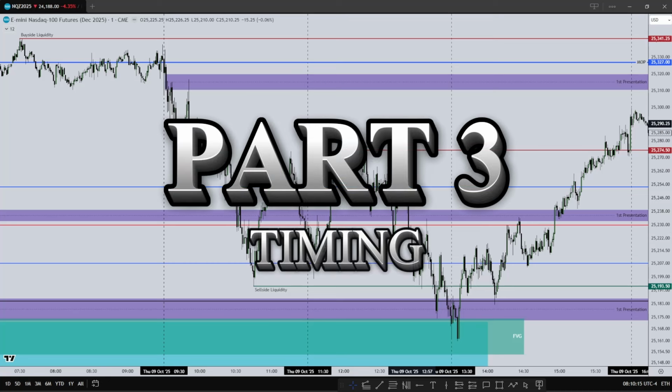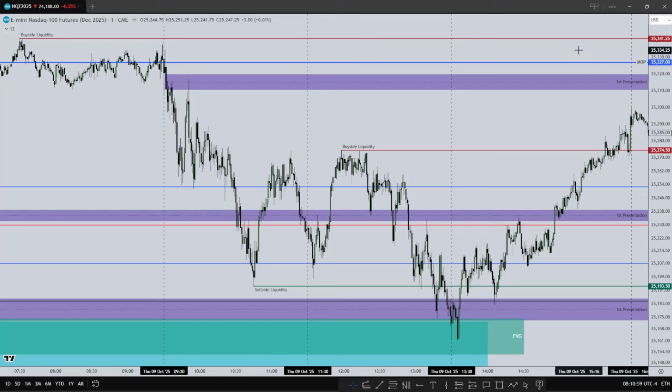We also have time points and time windows. For example, we have the midnight opening price here, that blue line, and that is coming from the opening candle right about midnight. So that is something we use as a time point. It's only one specific time in the chart. Like for example, the AM session start, it's 9:30. That's a time point.